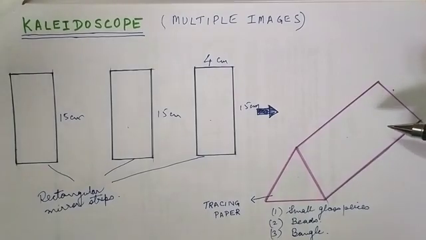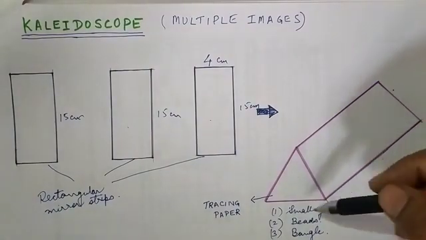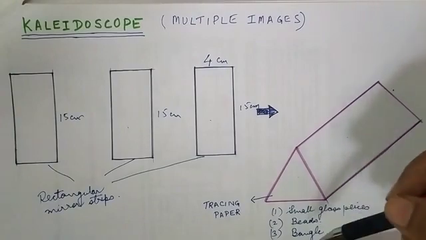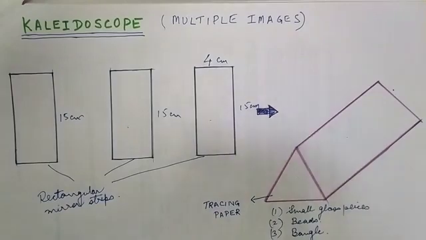The hole should be sufficient so that we are able to look through it. Now what will happen after we have put small things like glass pieces, beads and bangles, and then we hold this kaleidoscope and watch it against the light?